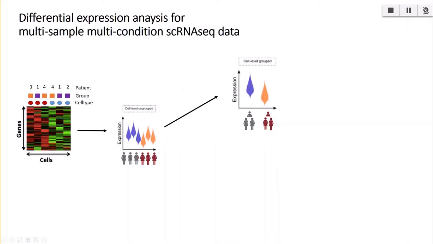If you would perform this analysis like you would with the FindMarkers function, you would pool all the cells together from the different patients and then compare the cells from group 1 versus the cells of group 2. However, this approach treats the cells as experimental units, and this is quite a flawed procedure when you really want to compare samples between different groups.